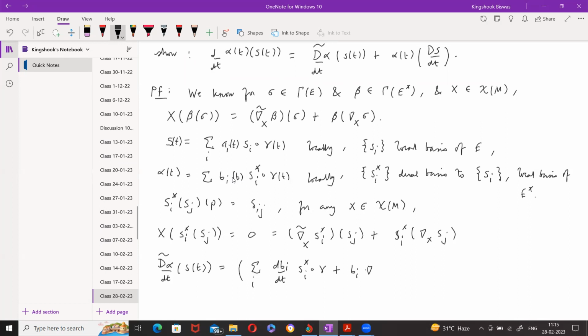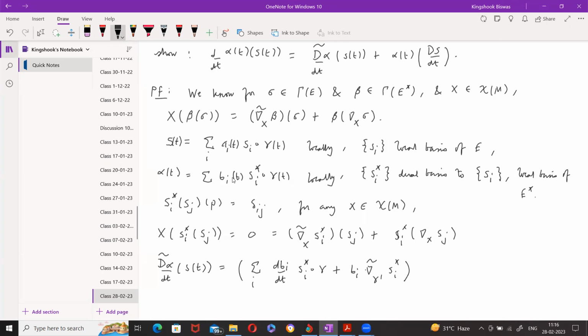So that will be nabla tilde, the connection in the direction of the curve, nabla tilde sub gamma prime applied to Si star. Okay. Is this clear?